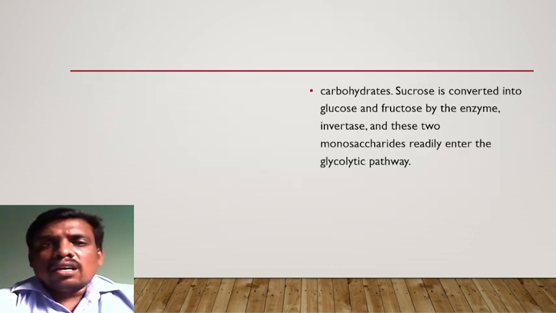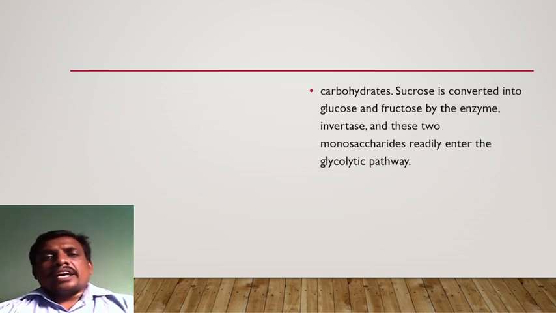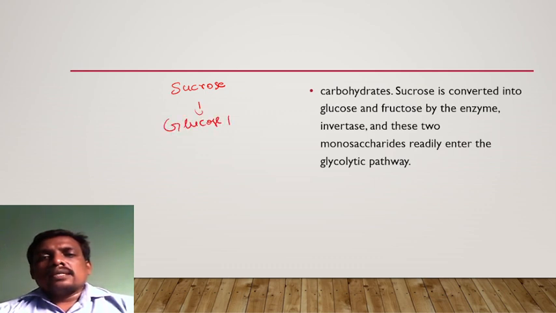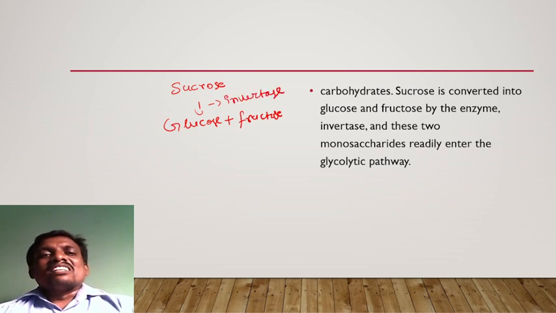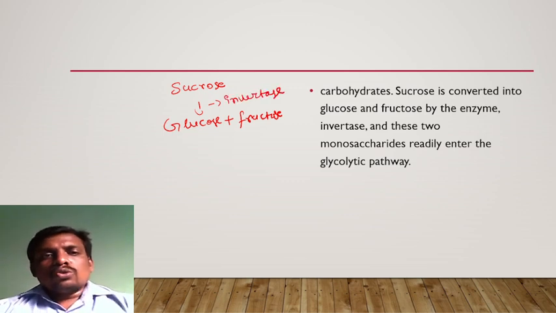Finally, carbohydrates, especially sucrose, are converted into glucose plus fructose by the enzyme called invertase. What is that enzyme called? Invertase. So, sucrose is a complex structure made up of two sugar molecules, glucose plus fructose.